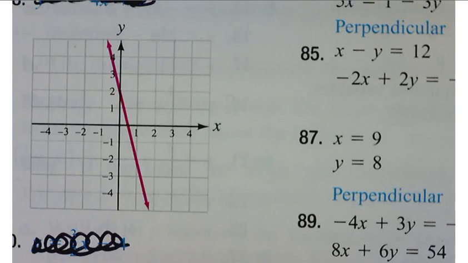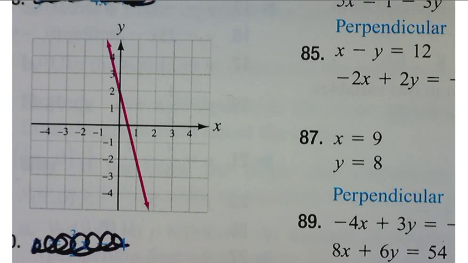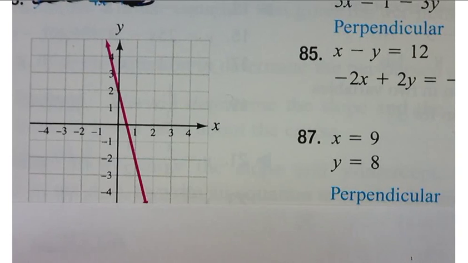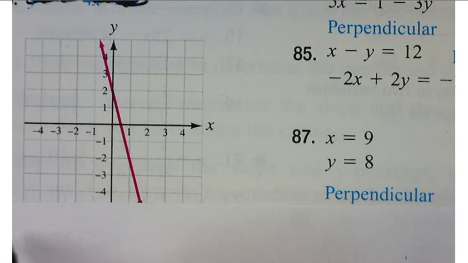This time we're starting out with a graph, and you're asked to find the equation. We'll try and find it by recognizing that we could probably find something in slope-intercept form. So problem number 58, y equals mx plus b.